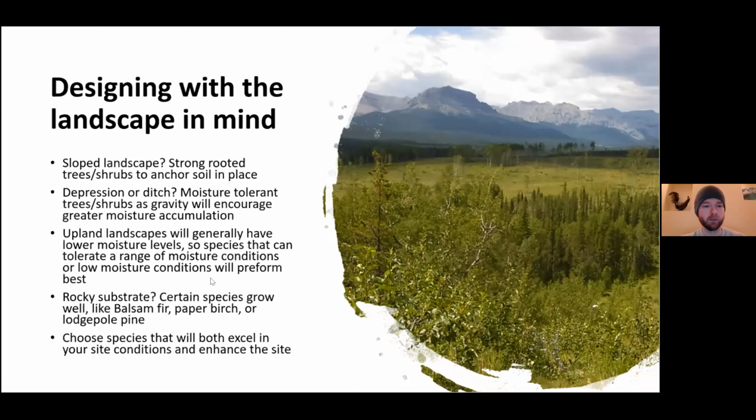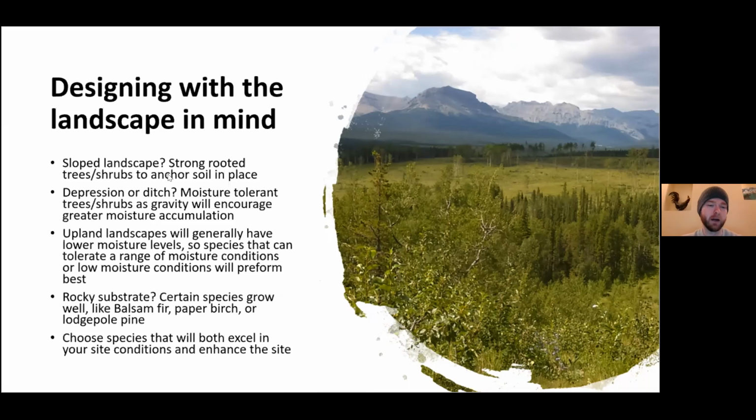A few scenarios you'd want to consider: if you're planting on a slope, pick species with strong root systems that can lock down that soil, preventing erosion and keeping that land in place, especially with water runoff events.